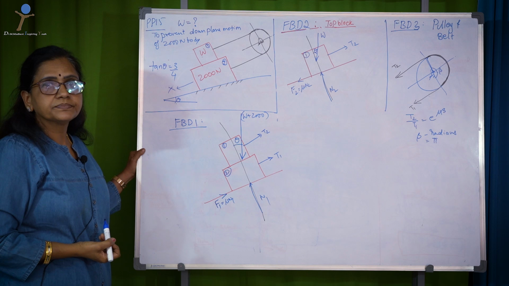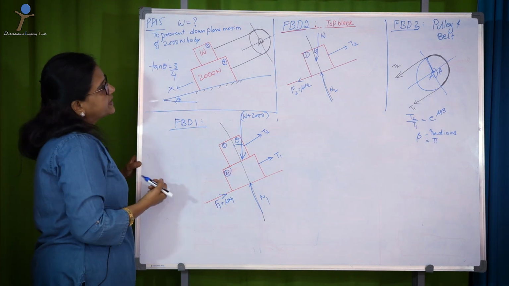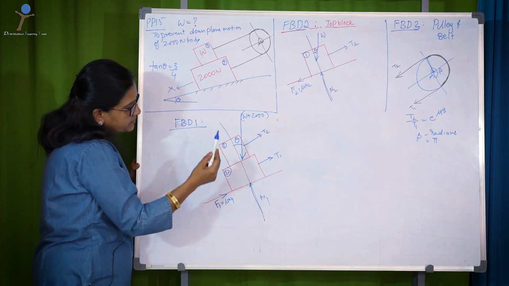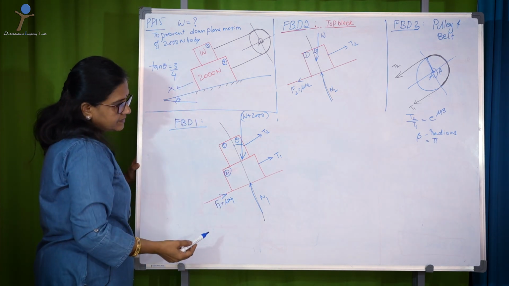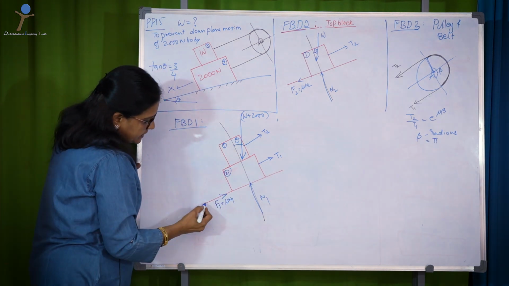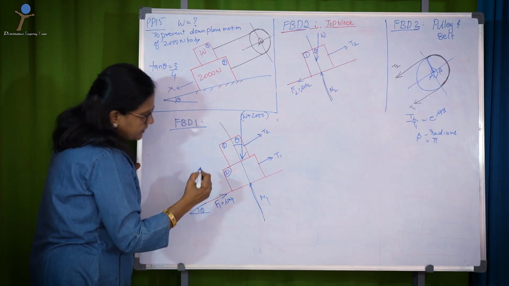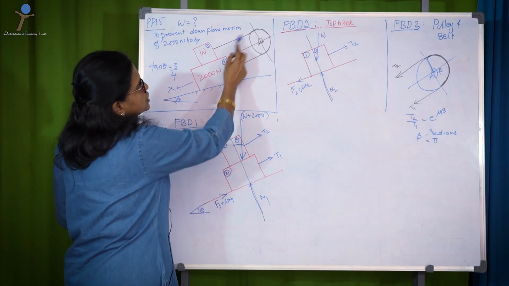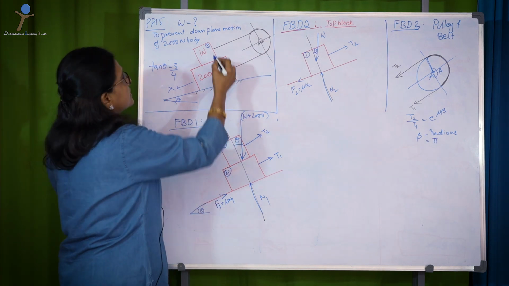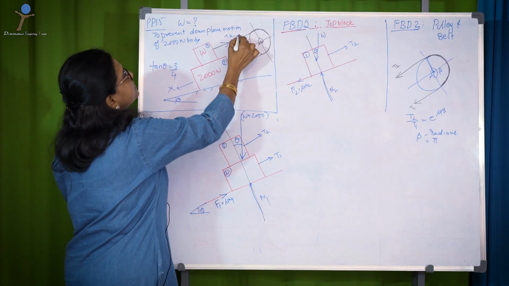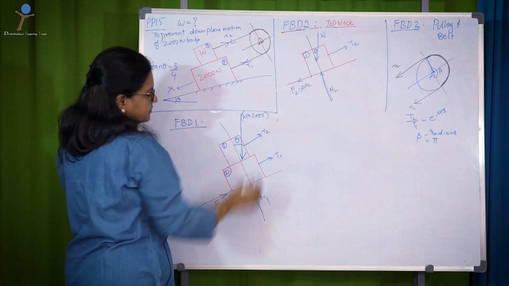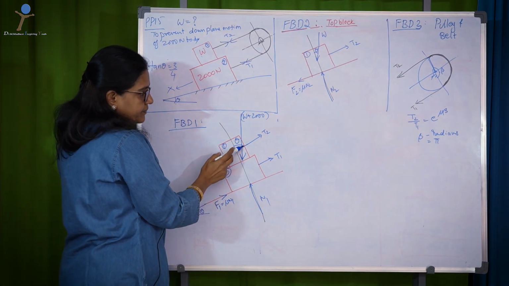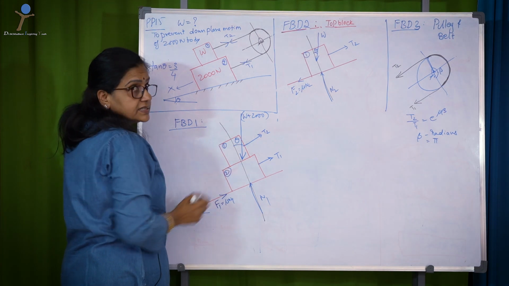Now coming to the first free body diagram, I have taken both the weights, block 1 W and block 2 2000, on an inclined plane. Since these two blocks are attached to ropes which have tensions T2 and T1, I consider the tensions pulling T2 and T1.